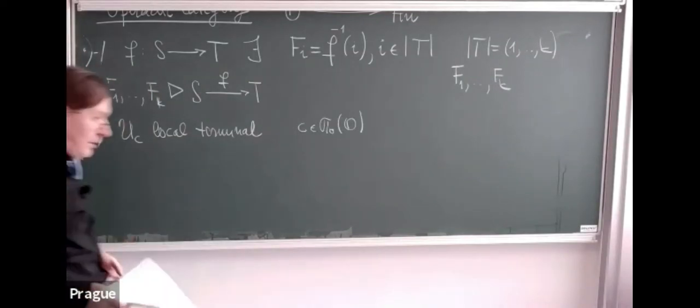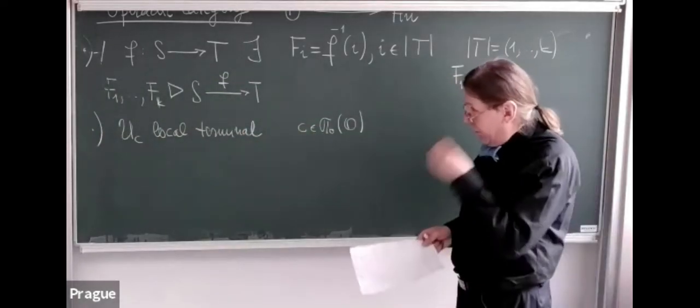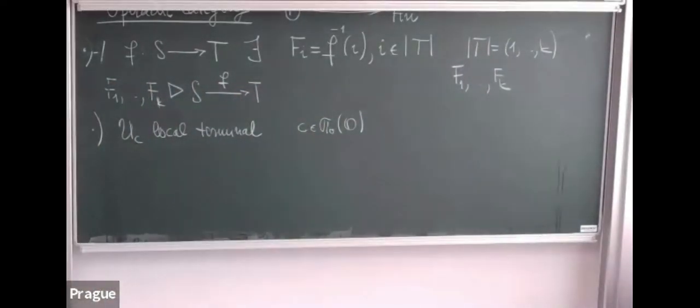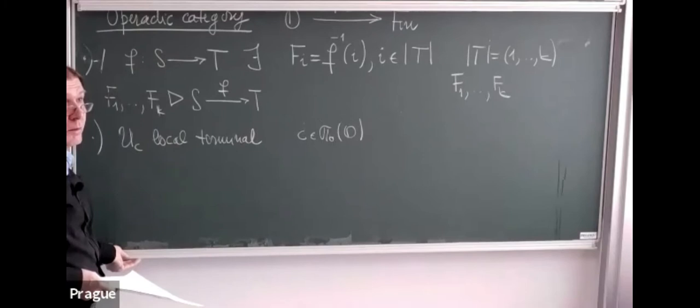There may be several isomorphic local terminal objects, of course, but the choice of a preferred one is part of the structure of an operatic category. And of course, I'm going to give you an example right now.